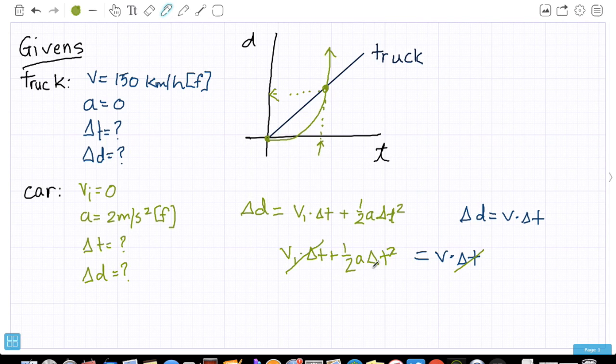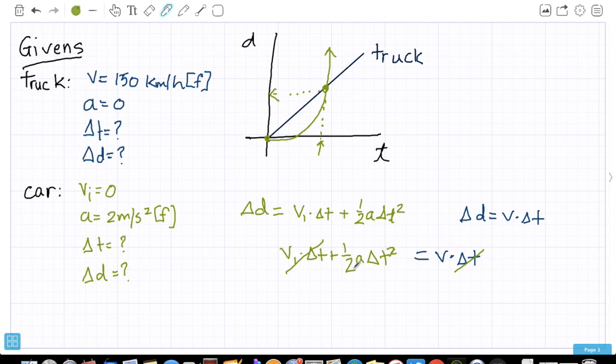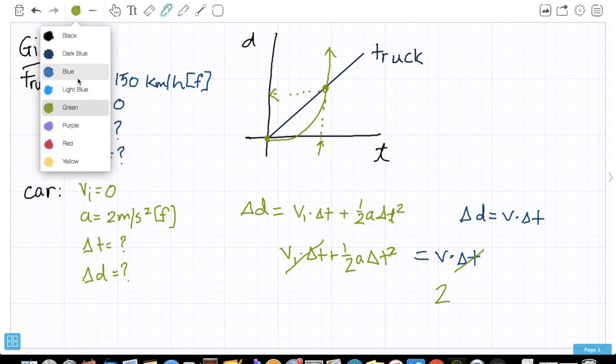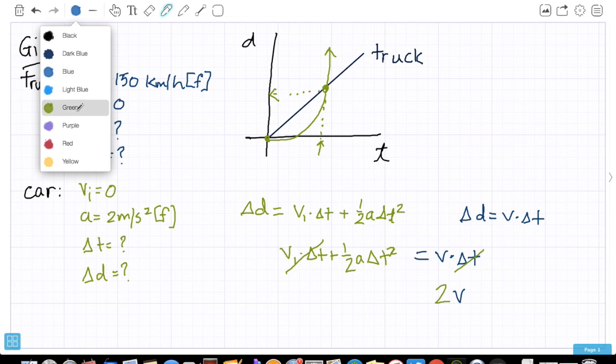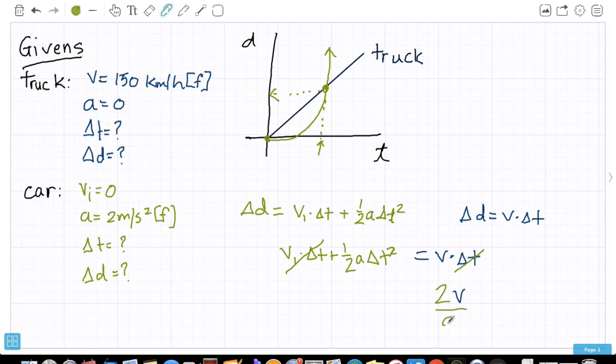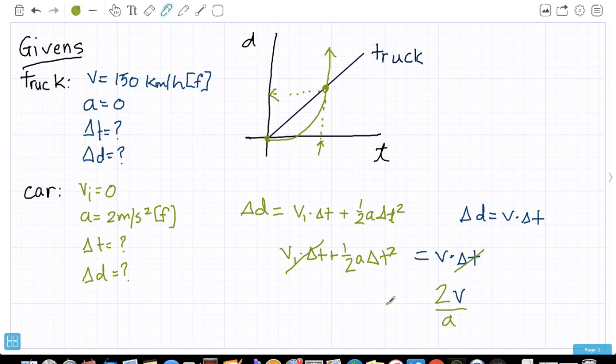So we're going to solve this equation now for delta t. I'll solve for t. So that means I get a 2 from over here, and I get a v, and then I divide by a. And I'm left with delta t on the left side.